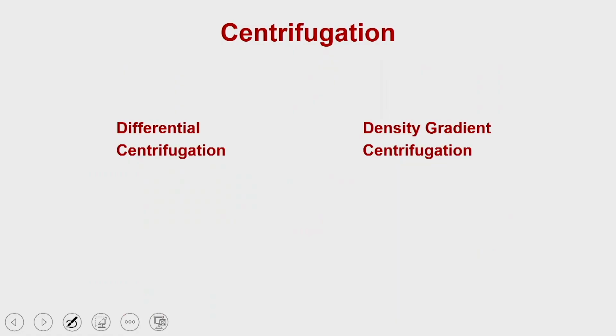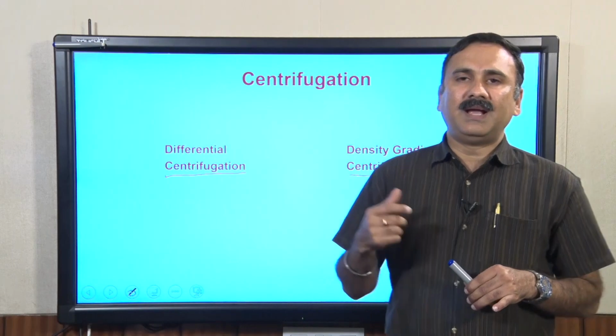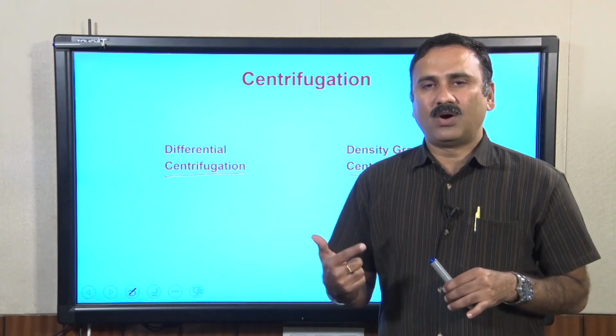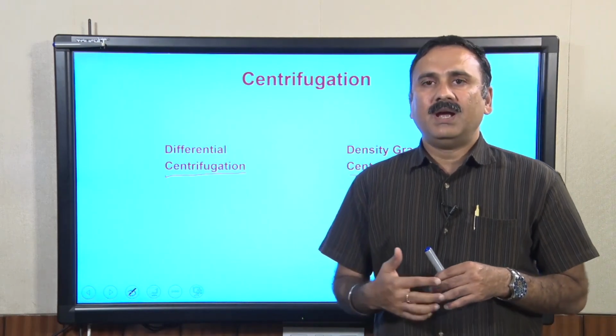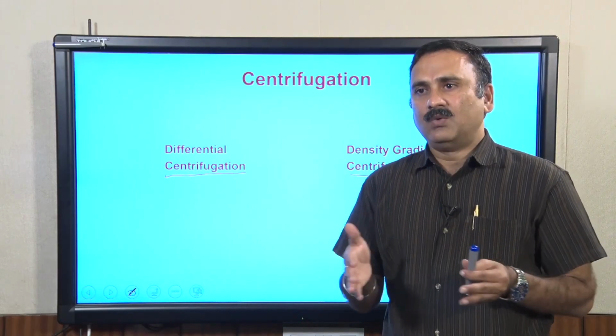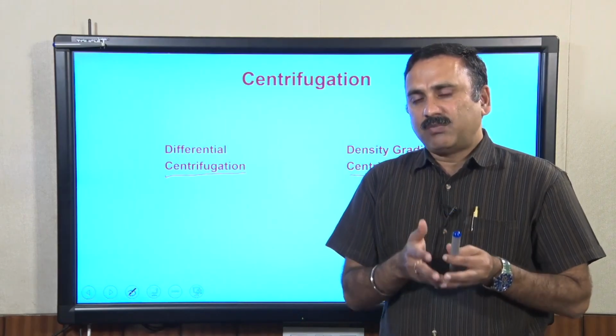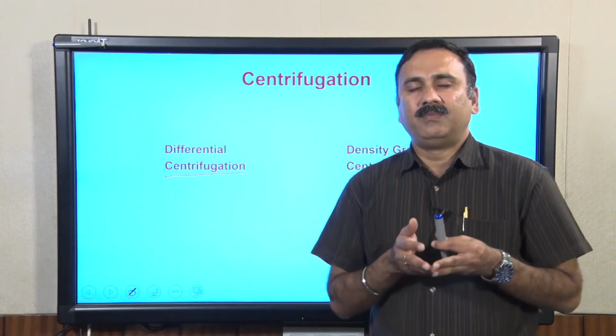You have differential centrifugation or density gradient centrifugation. In differential centrifugation, you run the sample at different speeds or different RCF values, and because of that, when you spin down, the molecule corresponding to that RCF value gets pelleted down.